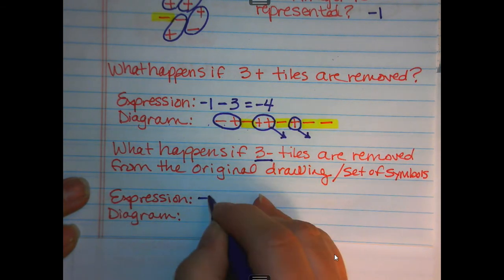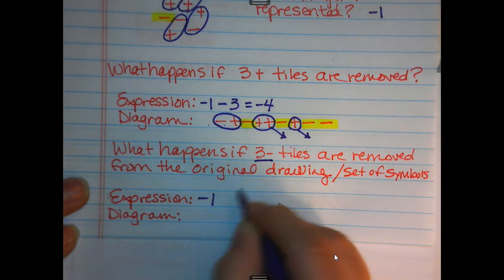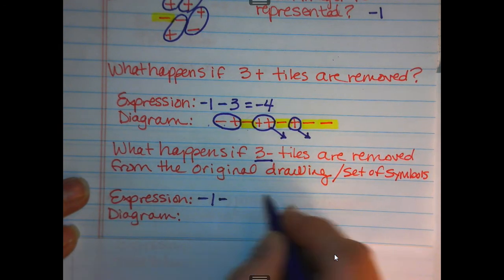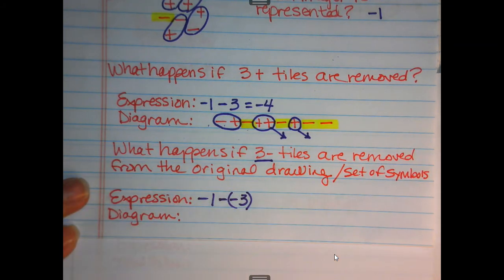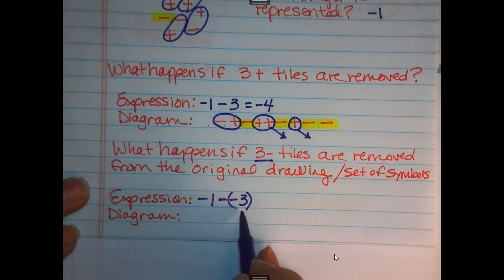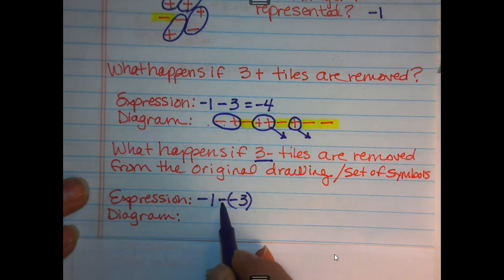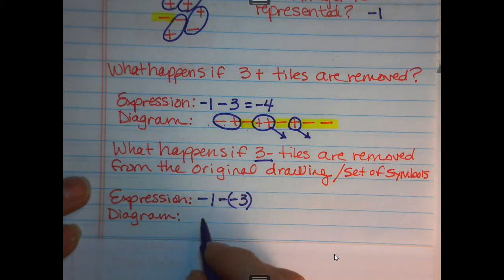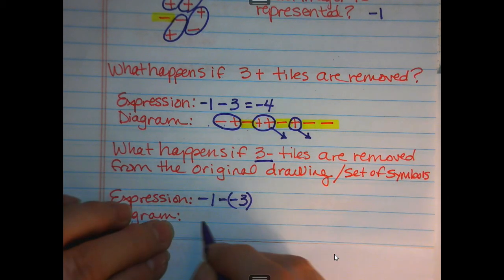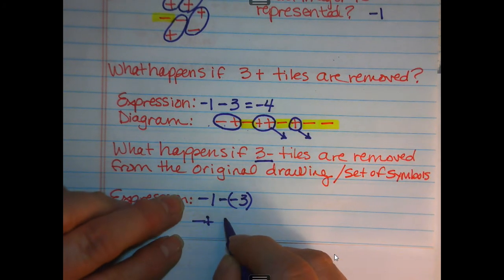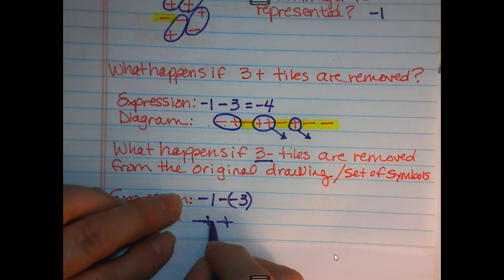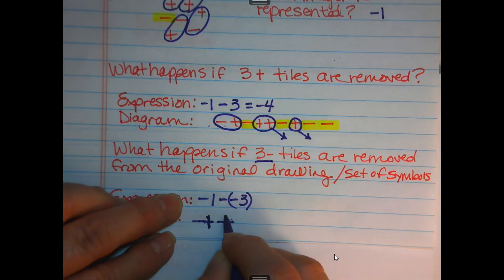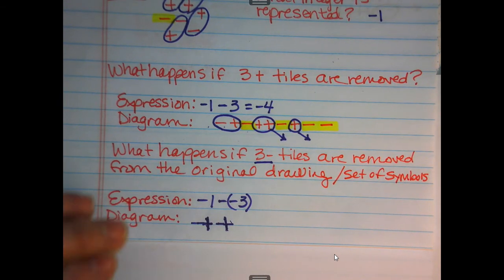I am now going to be removing, so I'm subtracting 3 negatives. You'll see some people will put parentheses around the negative number in order to separate it from the operation sign. And for this problem, we have our 1, 2, 3, 4, and I'm not drawing these super well right now. So let's just make those into 2 big plus signs.